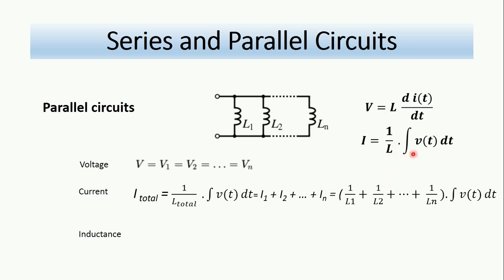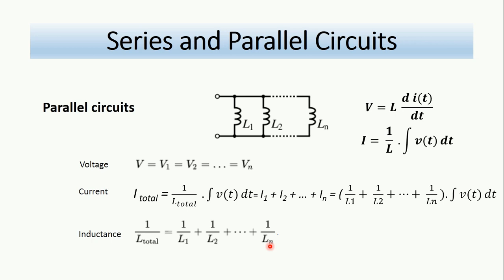The V is the same since they are in parallel, so we take it as a common factor. So if we compare this thing here with this formula for the I total here, we come to this conclusion that 1 over L total is 1 over L1 plus 1 over L2 plus etc. 1 over Ln. So inductors in parallel and resistors in parallel are added in a similar way.